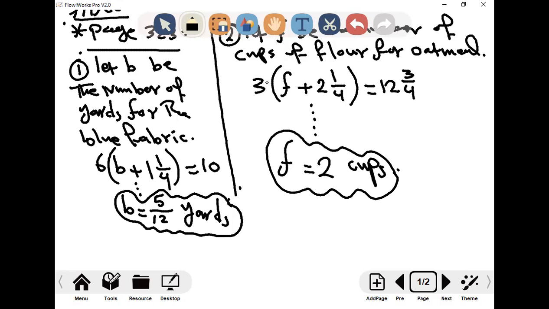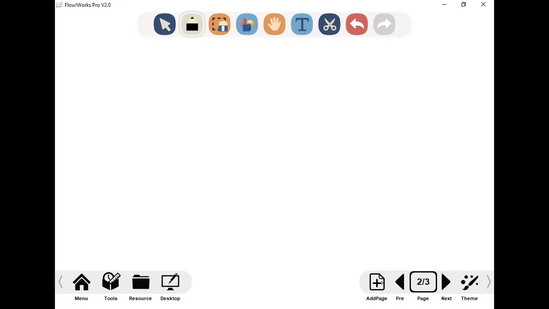Okay, 3 multiply F. 3 multiply 2 and 1 over 4. Three with F multiply 2 and 1 over 4 equal 12 and 3 over 4, right?